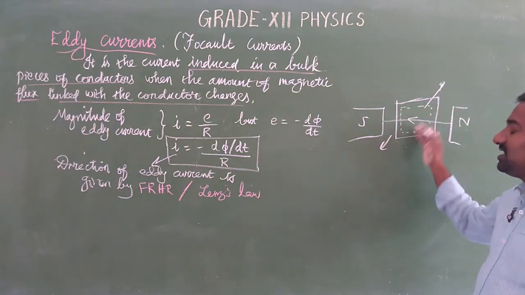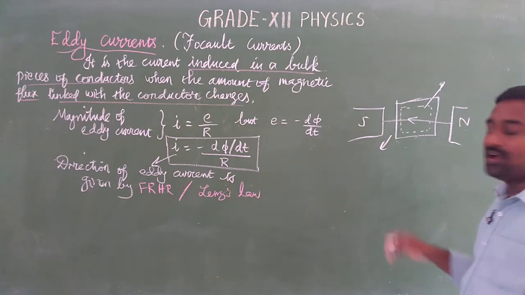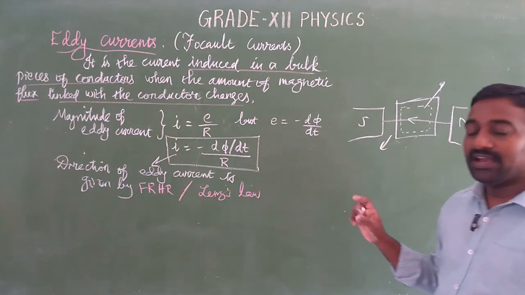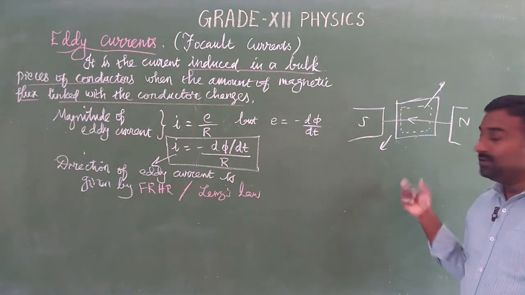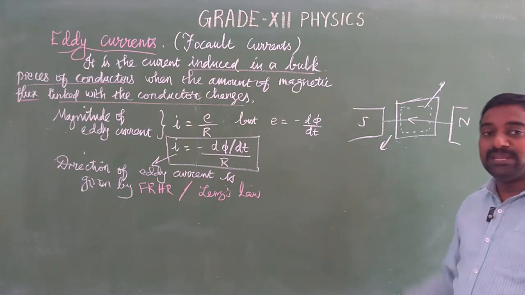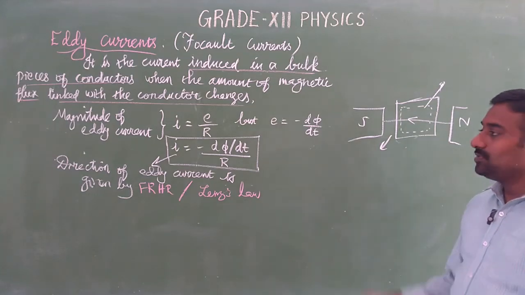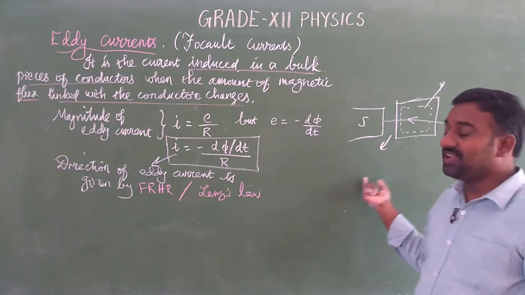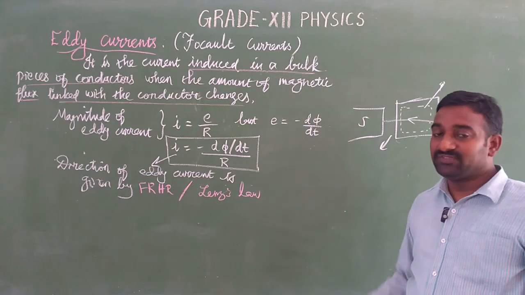So the conductor begins to oscillate, or else it may be damped. So basically the eddy current is a current in the conductor. We cannot eliminate the eddy current completely, we can just minimize it. Okay, so how to minimize the eddy current and what are the applications of the eddy current in various instruments we are going to see.